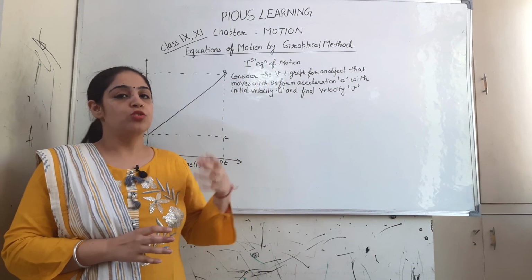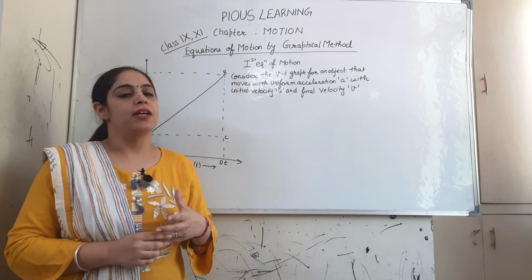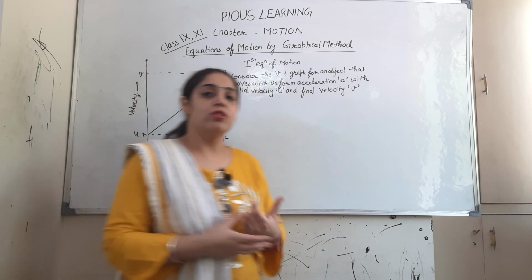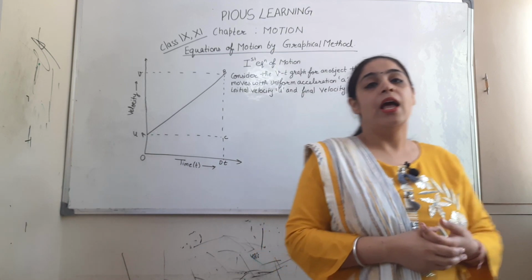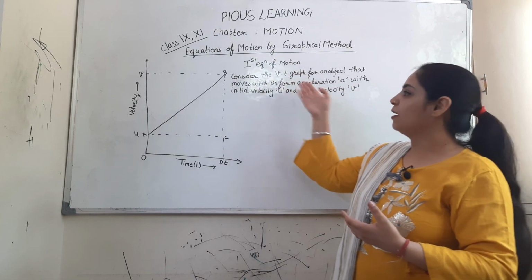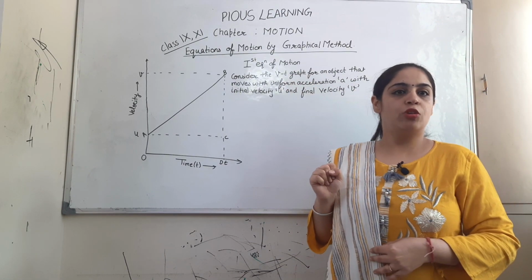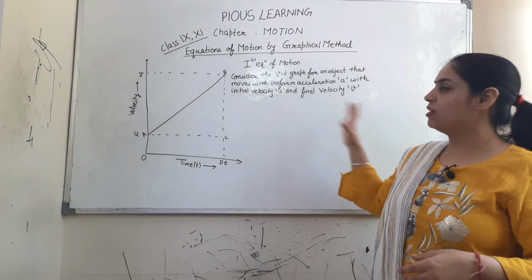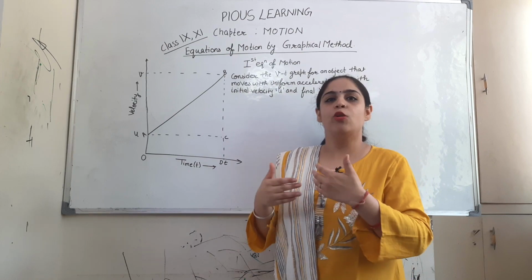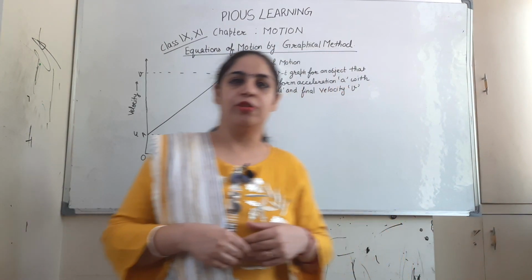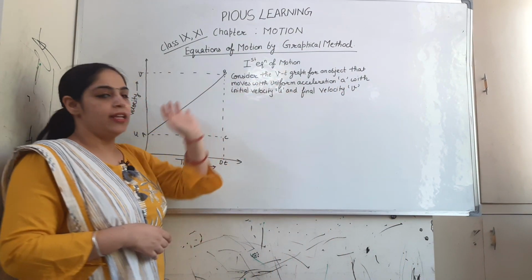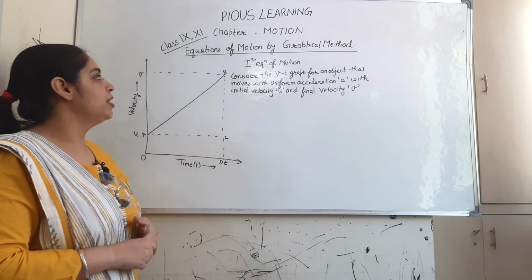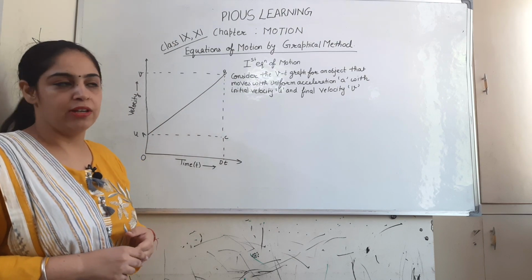This topic is also going to be there in class 11th, and many students who enter class 11th and are doing motion are not able to derive these. So we thought, okay, let's ease your burden. Let's first derive these equations and then complete the chapter fundamental unit of life. So today we will be doing the equations of motion by graphical method.